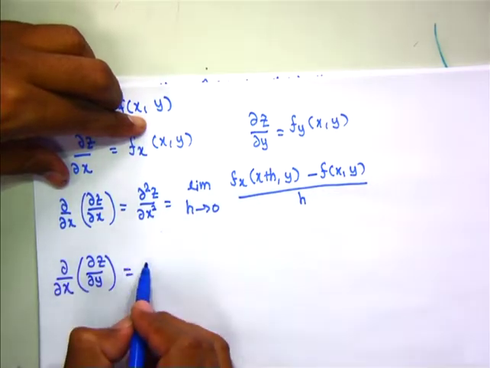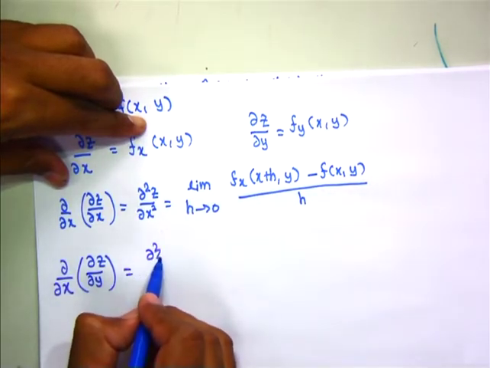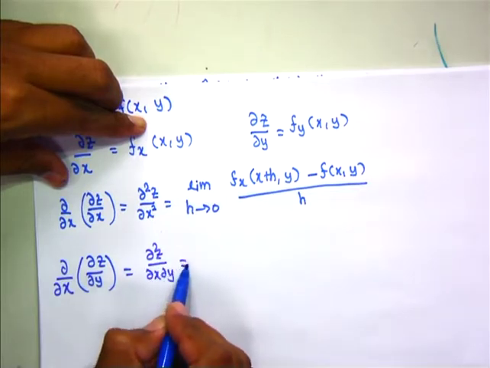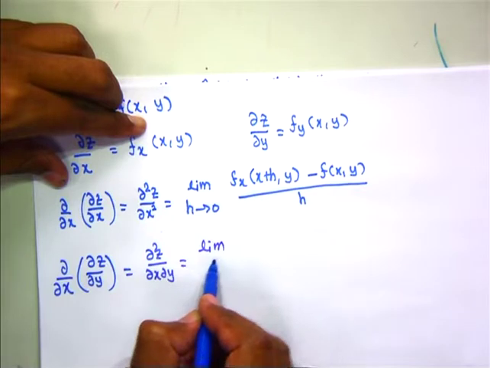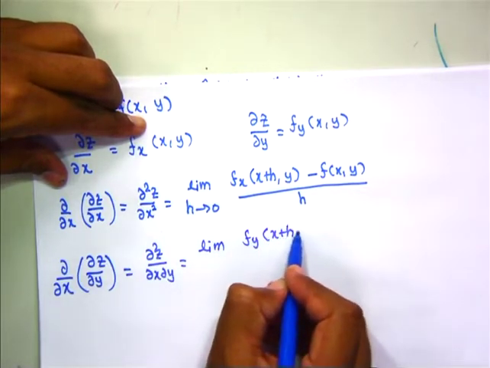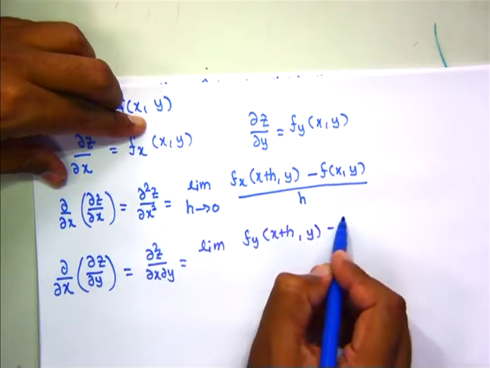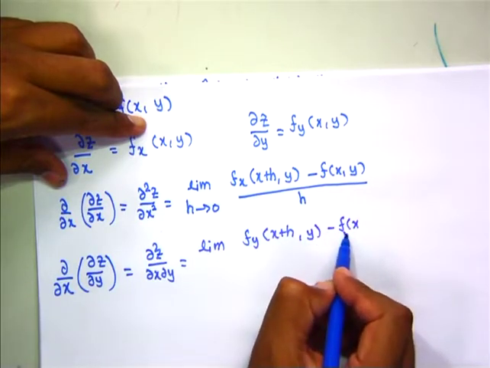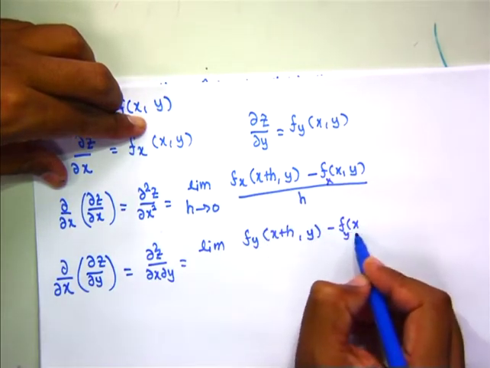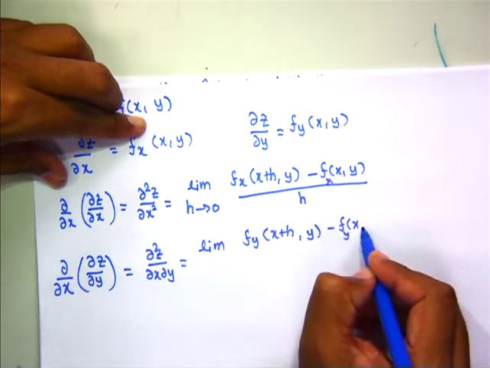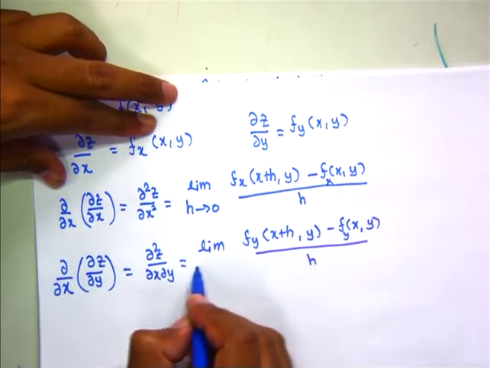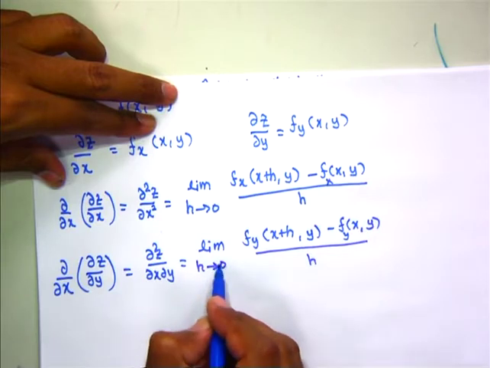So we can say del square z by del x del y is equal to the limit of fy(x+h, y) minus fy(x,y) upon h as h tends to 0. Here fx was written earlier, it was a typing error, it should be fy.